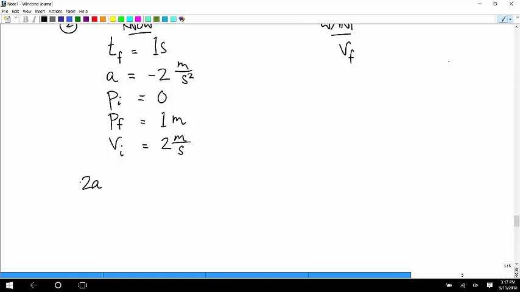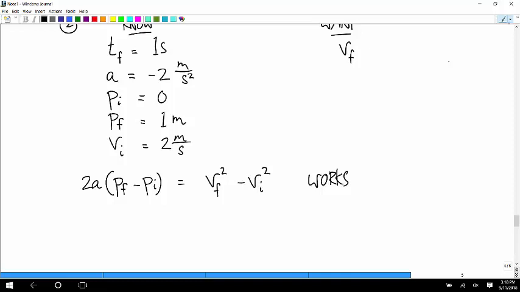So we have the equation 2a times the quantity p final minus p initial is equal to v final squared minus v initial squared. That's the one that works. That one doesn't have v final in it.